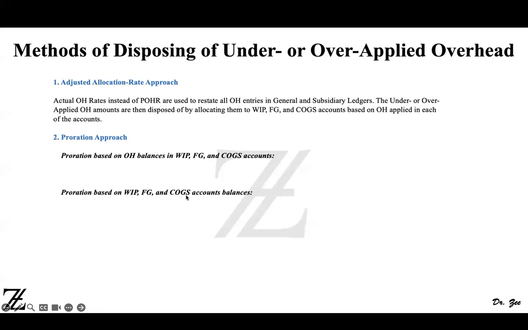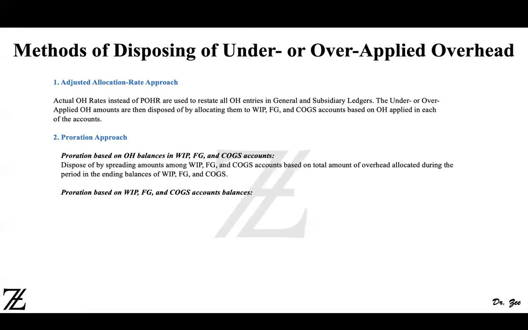Okay, so let's discuss proration based on overhead balances in work in process, finished goods, and cost of goods sold accounts.